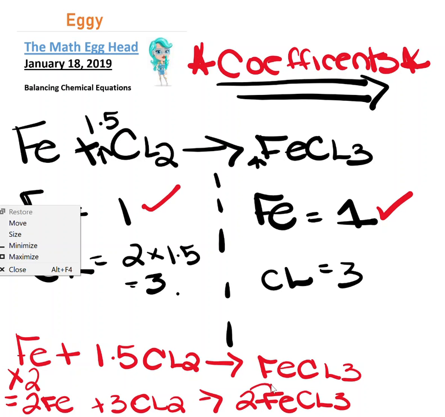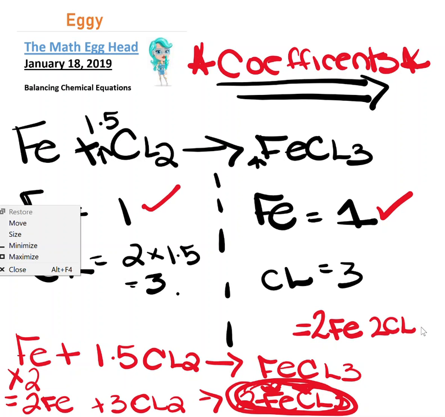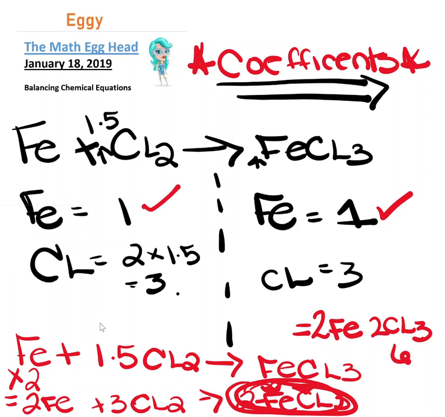Because the 2 affects the iron, and the 2 also affects the chlorine, right? Let me just write this particular thing on the side. Because really what you're saying is you have 2 irons and you have 2 chlorines, right? And then we know that we have a subscript 3 here, so we would have 6. Let me rewrite all of this again.